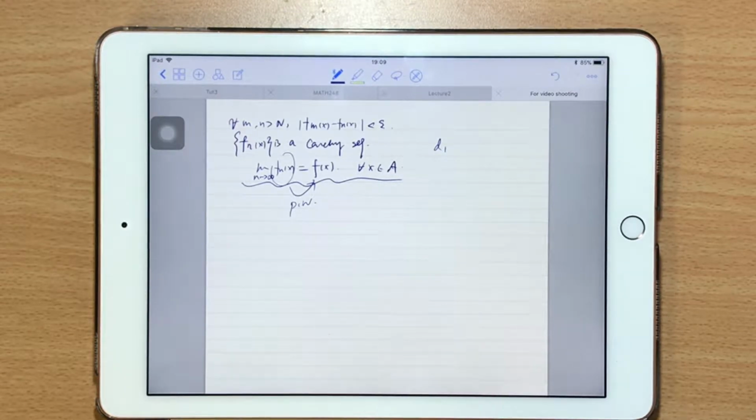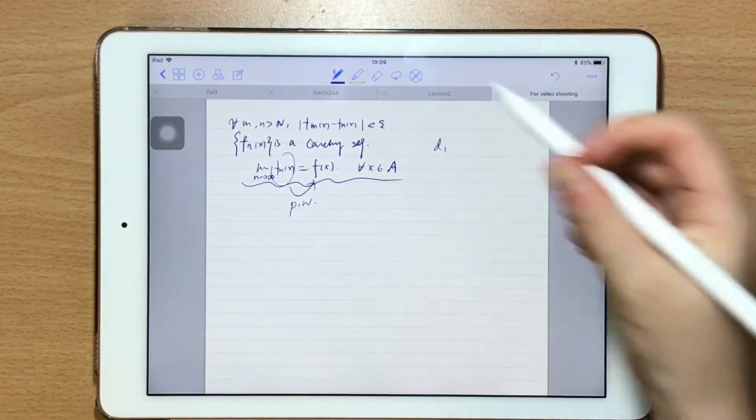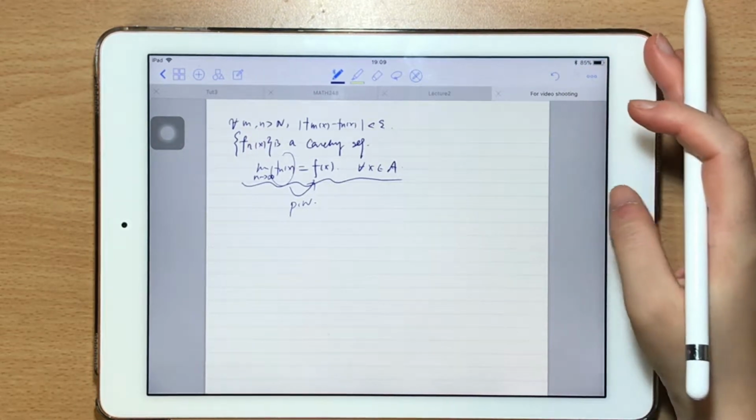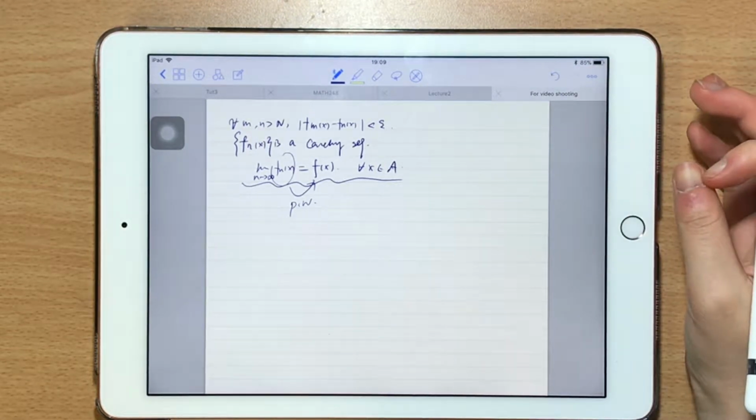And we know that we will show that f_n converges uniformly to f, so it must converge pointwise to f. So in this case, finding a candidate function is quite straightforward.